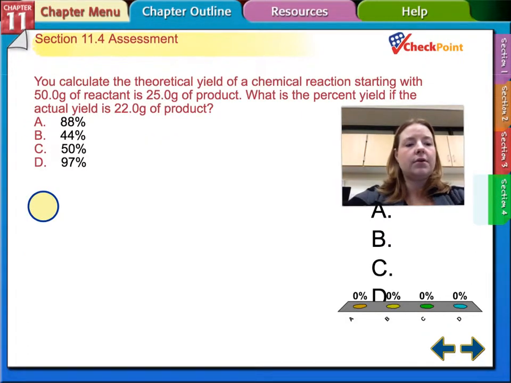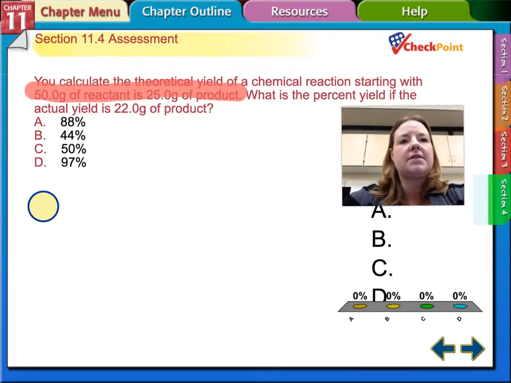All right, so let's try one that has an actual percent yield that we have to calculate. If we read through this problem, the first step is to pull it all apart. It says you calculate the theoretical yield of a chemical reaction. You're starting with 50 grams of a reactant and you get 25 grams of product.